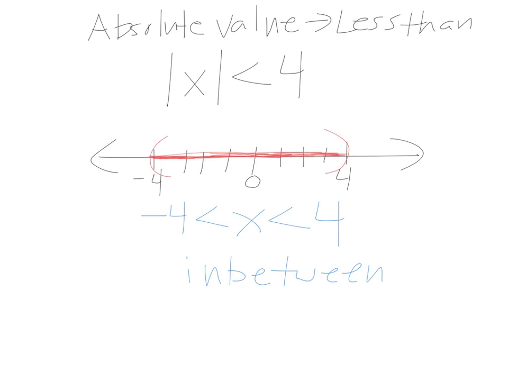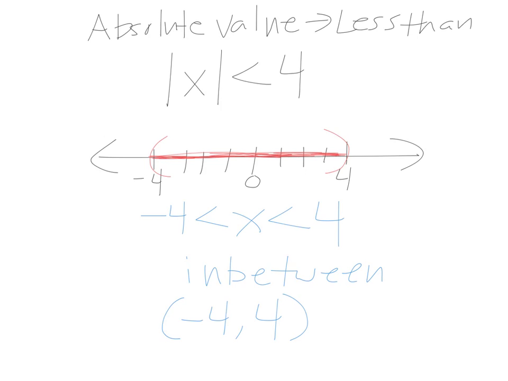And it's always less thans when you write the in-between sentence. If I wanted to write that in interval notation, I would do parentheses. The start is -4, the stop is +4, parentheses. Again, the parentheses because we don't have the equal to part on the less than.